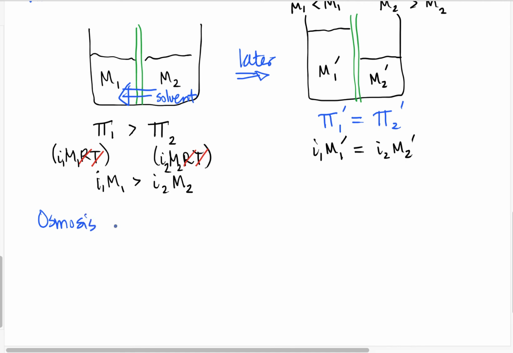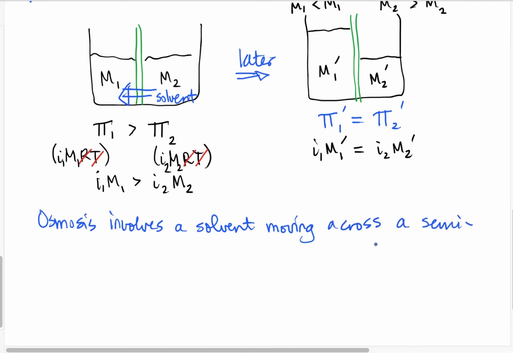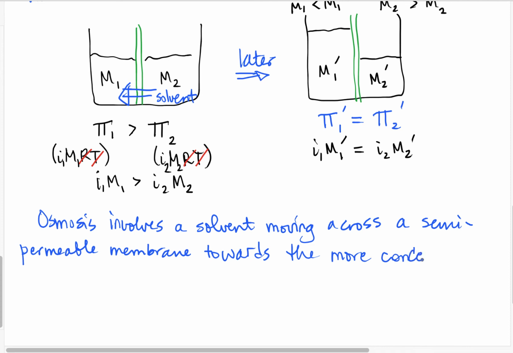Osmosis involves a solvent, usually water, but doesn't have to be, moving across a semi-permeable membrane toward the more concentrated solution, so that it will dilute it.